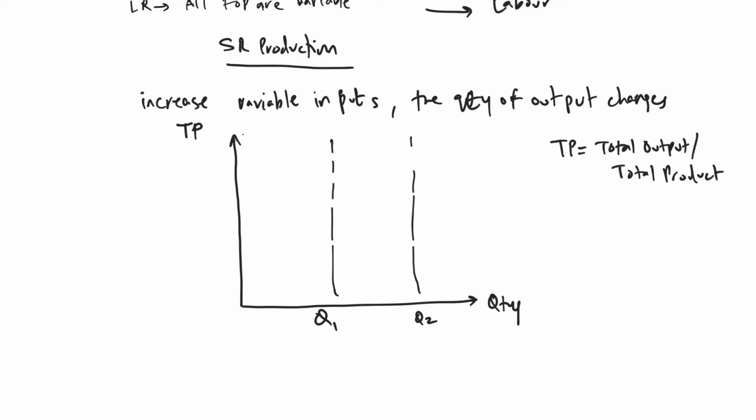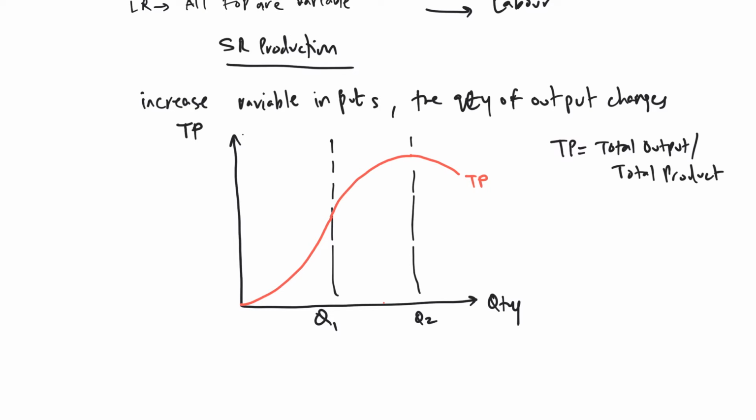What we say is this: initially, as you increase the output, your output rises, but at a faster rate. And then, as we go from Q1 to Q2, for example, we'll realize that after some point, output would start to rise at a slower rate. And there comes a point then that output would start to fall. So in other words, we believe that the output is not increasing in a linear fashion. It is increasing in a non-linear fashion.